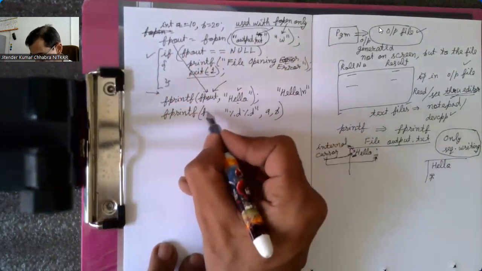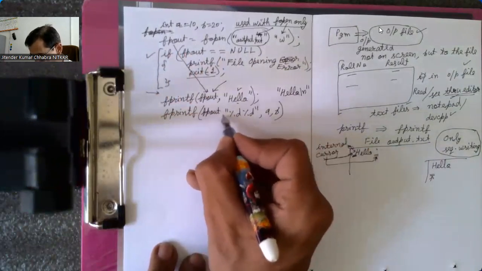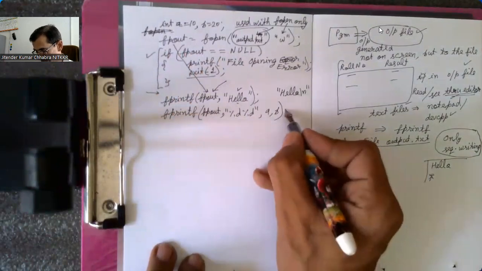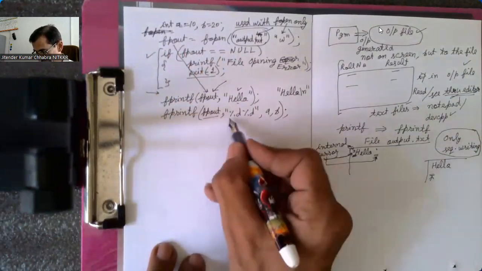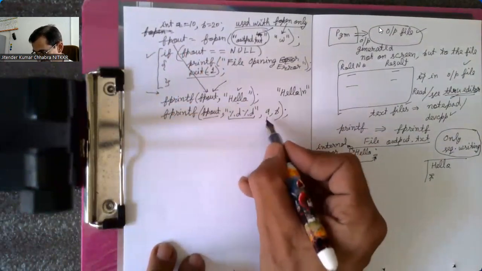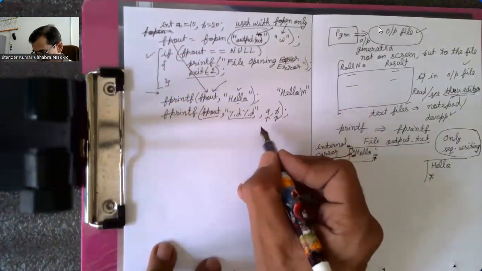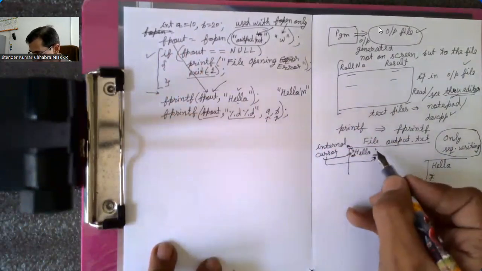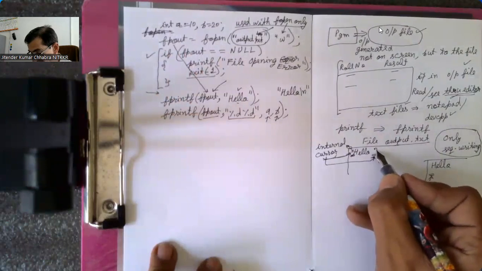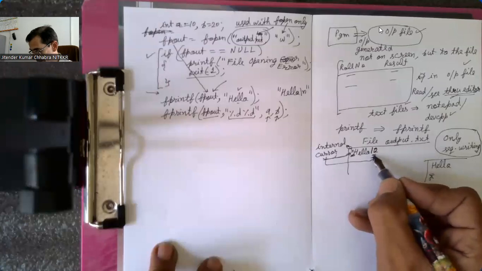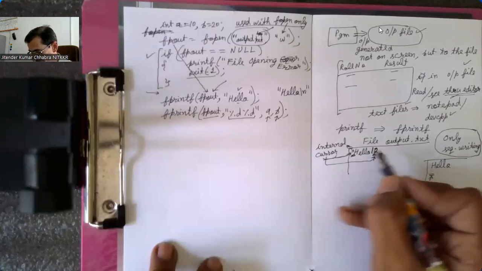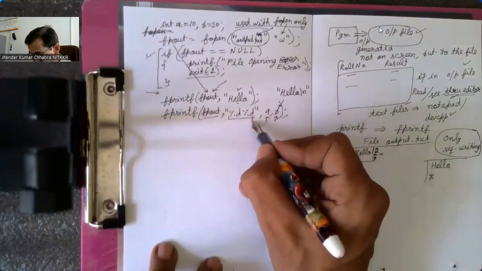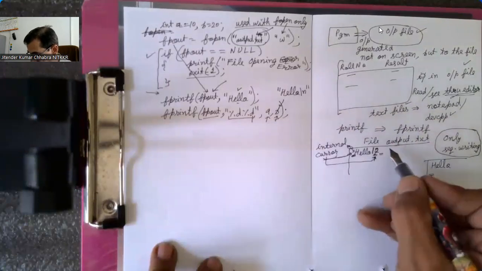I want to write the same thing into the file. I will write fprintf with fp out. That's it. %d means the values of a and b to be written on screen or onto the file. The cursor is here. So a's value 10 will be written. The cursor will accordingly shift here. Then b's value is to be written. There is no blank in between.